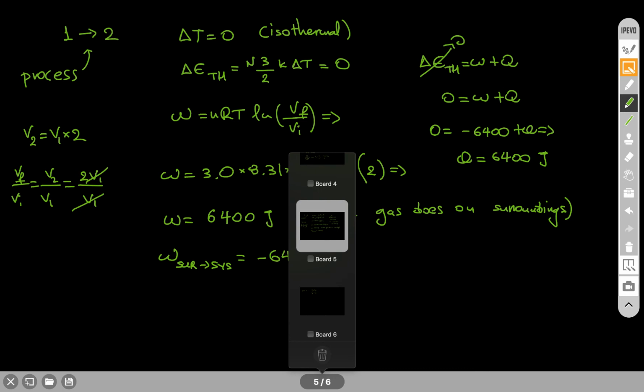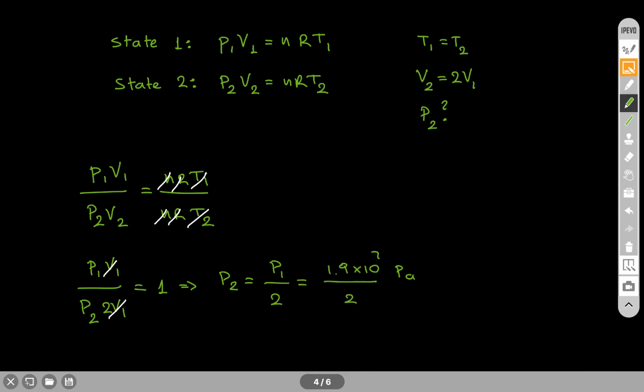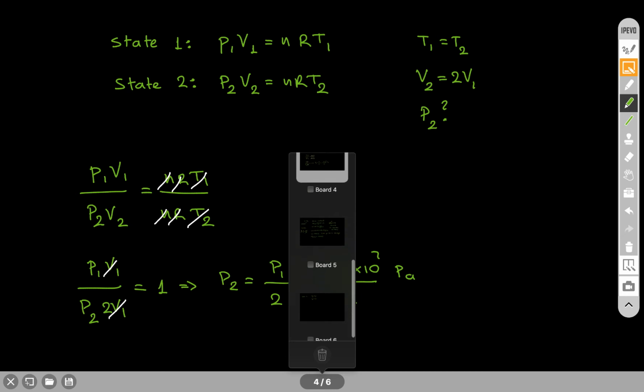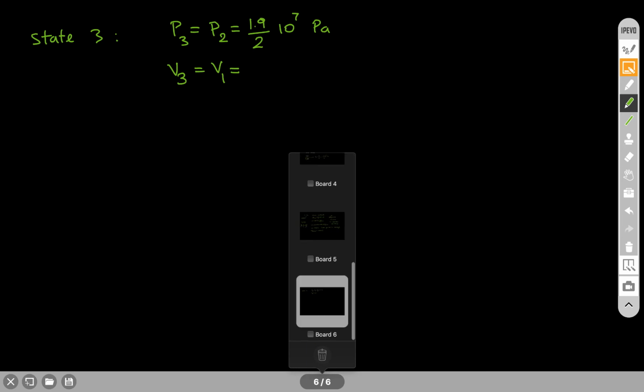I don't think I used any numbers here. So the pressure at 2 is 1.9 divided by 2, 10 to the 7 Pascals. And let's find volume 3, which is the same as volume 1.